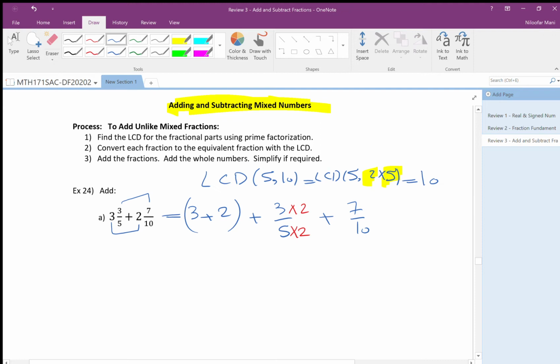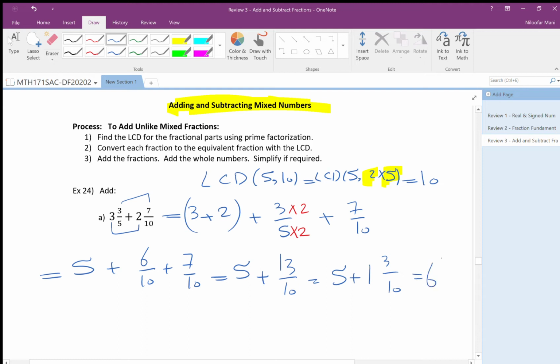So this is what I want. It is 5 plus 6 over 10 plus 7 over 10, which is 5 plus 13 over 10, which is 5 plus 1 and 3 over 10, which is 6 and 3 over 10.